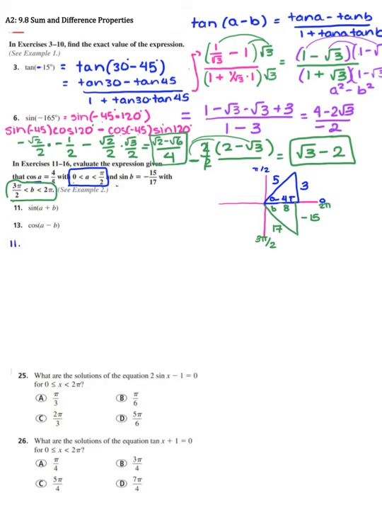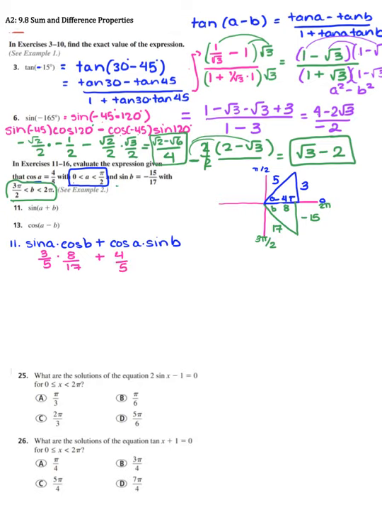So on 11, what I'm going to do is expand sine of A plus B. So that's sine A times cosine B plus cosine A times sine B. And then we just substitute from each of the corresponding triangles. So sine of A, opposite over hypotenuse. Cosine of B is the adjacent over the hypotenuse. Cosine of A is the adjacent over the hypotenuse.